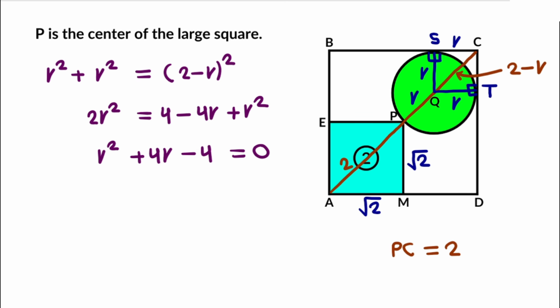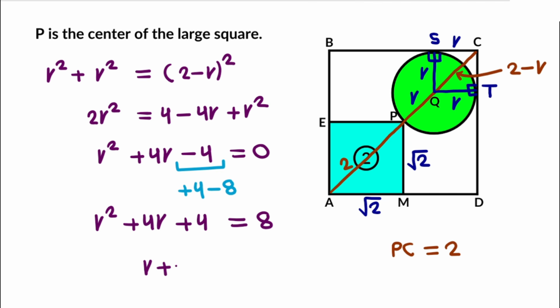Now, let's solve this quadratic without using the quadratic formula. Complete the square. -4 can be written as 4 minus 8. So our equation becomes r squared plus 4r plus 4 equals 8. And look at the left side. It's a perfect square. The quantity r plus 2, completely squared, equals 8.